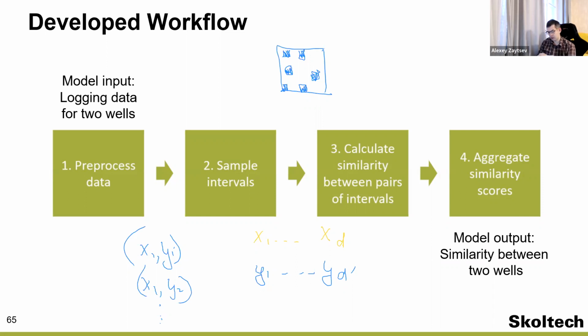And from distance it's quite easy to get a similarity score. For example, we can have this distance between wells divided by some temperature tau, exponential of minus this guy, to have some similarity score. The distance calculated in this way and similarity score.